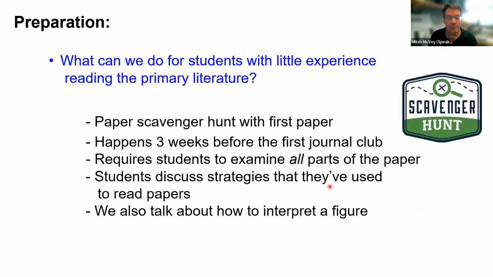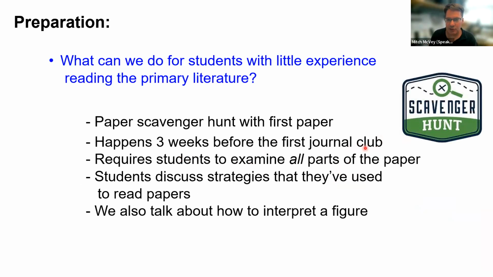Now, as you might imagine, many students come into the course, especially juniors and sometimes the sophomores, with very little or no experience with reading the primary literature. So I do a couple of things to try to get them a little bit more familiar with papers and just more comfortable with them. One of them is a scavenger hunt that we do 3 weeks before the first journal club.